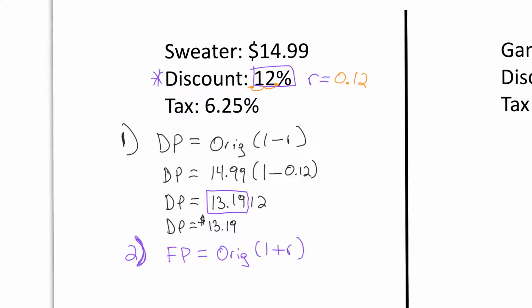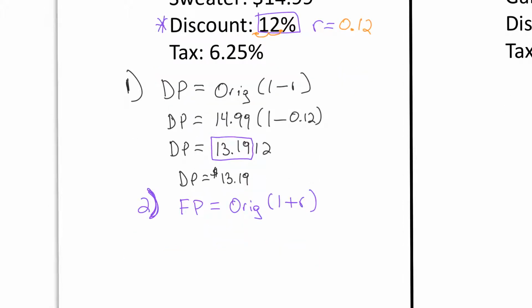So the tax rate as a decimal, remember that you have to move the decimal 2 to the left. I'm going to take the decimal, which is right here, and move 2 spaces. So my rate in decimal form will be 0.0625. That's the one you have to substitute.